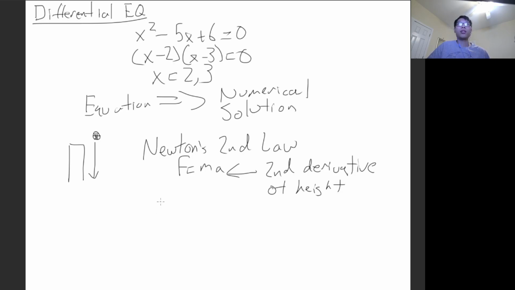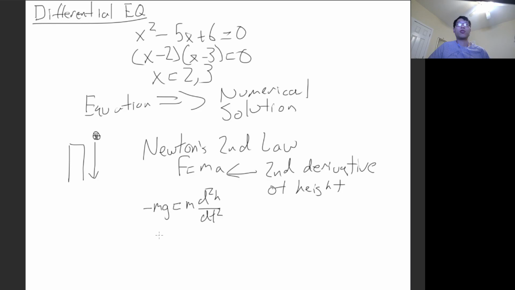So this equation, stated in another way for this situation, we know the force is mass times the gravity, and the acceleration is the second derivative of height. And we can use some various methods.